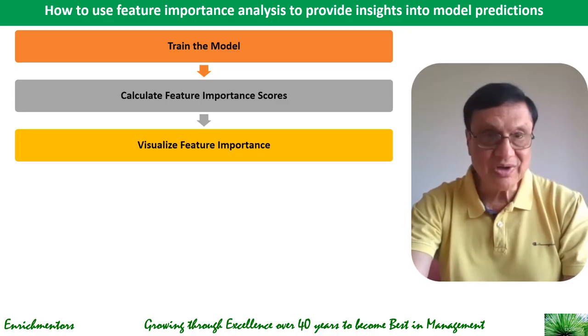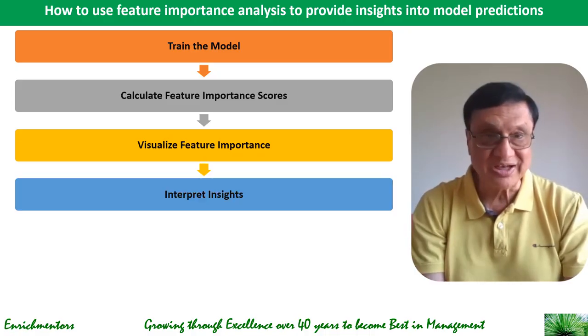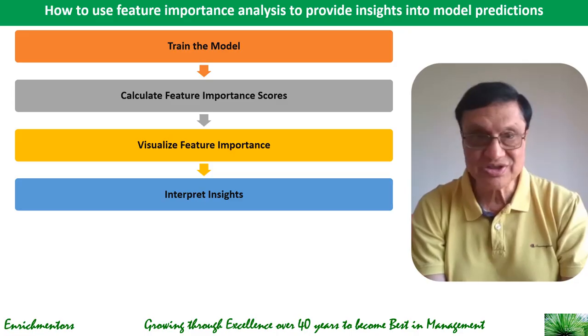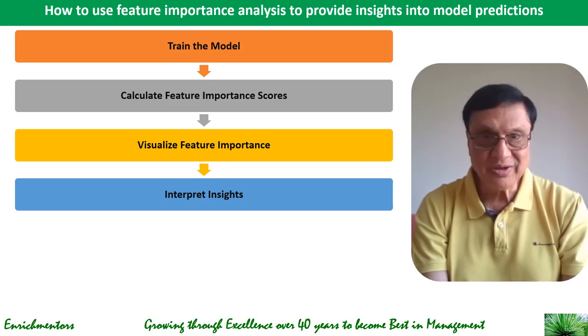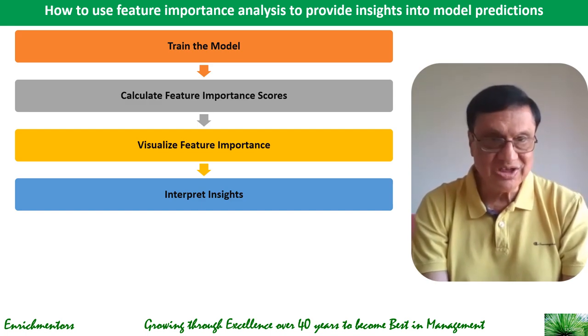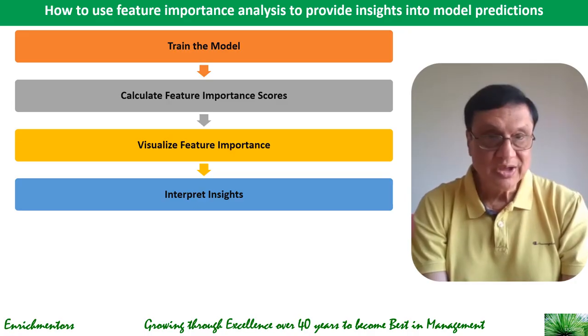After visualizing, you need to interpret the insights. So analyze the visualizations to interpret the insights gained from the feature importance and other metrics. Basically, there are three questions you can ask to interpret these insights.